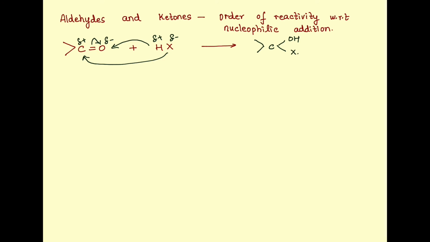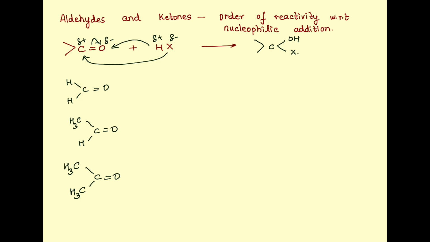Now, you have various options. HC double bond OH, CH3, C double bond OH, CH3. I'm going to take 3 examples to make things easier to understand. First of all, look at the 3 structures. So we know that the carbon here becomes electrophilic, right?